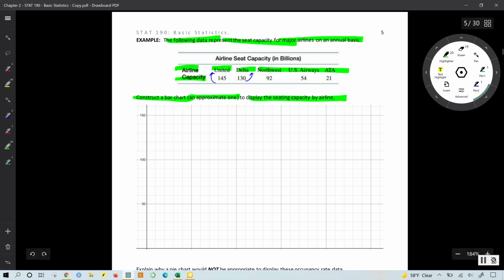Well, if we are using technology, we don't need an approximate one. So let's go into our data set, grab the data or key the data into StatCrunch, or as we already have that in Excel, we're going to copy and paste.